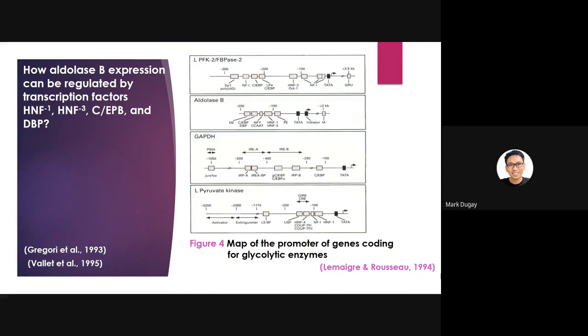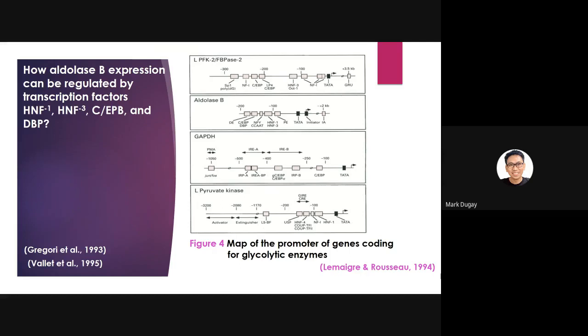The aldolase B isozyme possesses a crucial role in metabolic pathways, particularly in glycolysis and gluconeogenesis. So this figure shows the map of the promoter of genes coding for glycolytic enzymes.